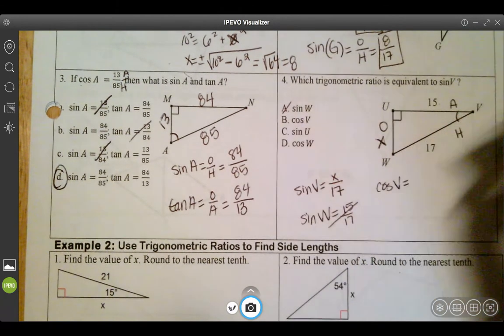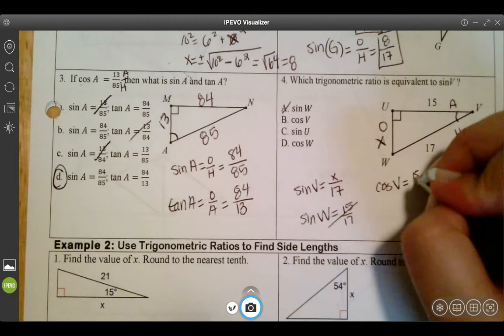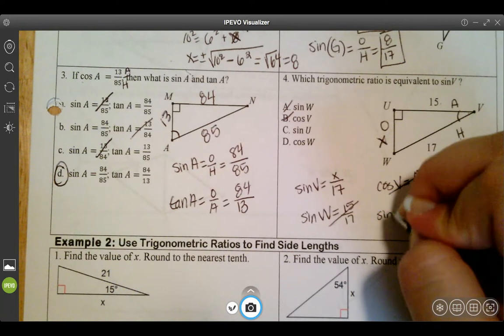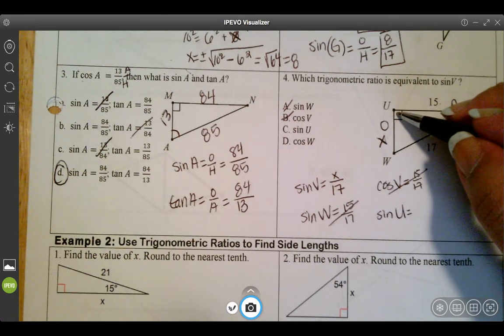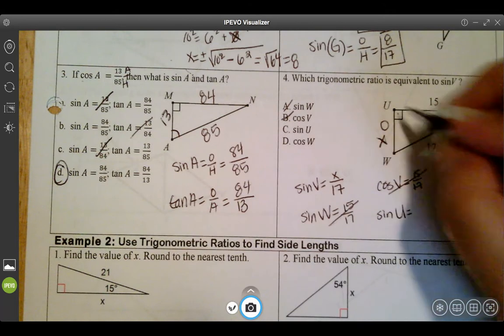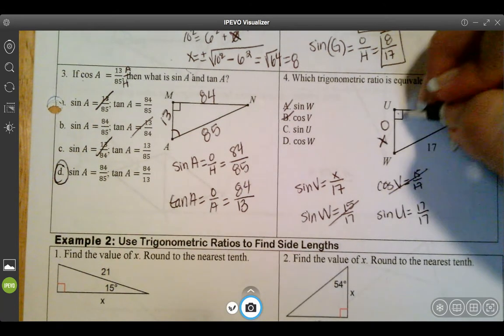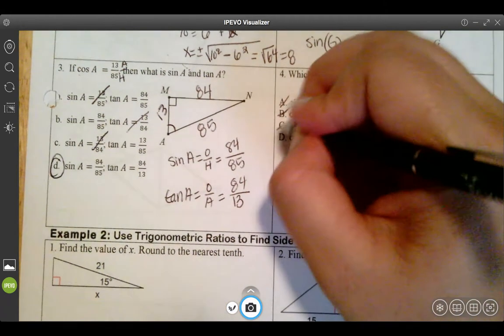Cosine of V, CAH, adjacent over hypotenuse, is 15 over 17. That doesn't match. Sine of angle U is opposite over hypotenuse, that'd be 17 over 17. Opposite of a right angle is the hypotenuse. That's not it.